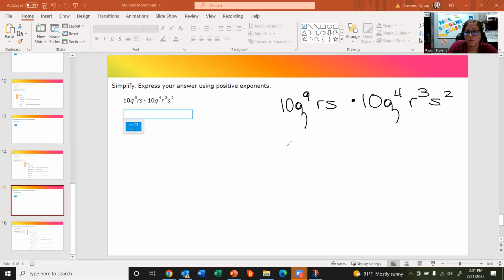So we're going to group those coefficients together, group those variables together, 10 times 10. And then we could group the variables. We'd have q to the 9th and q to the 4th.